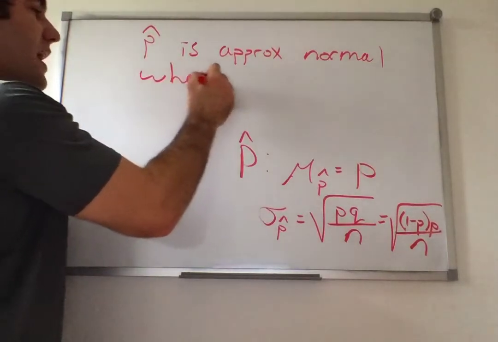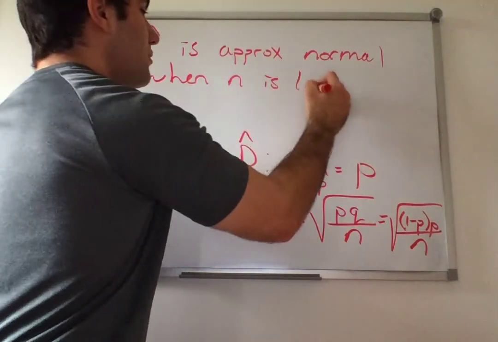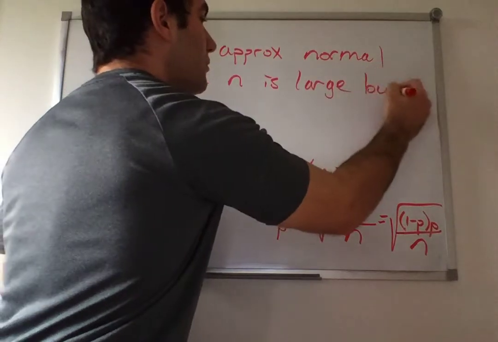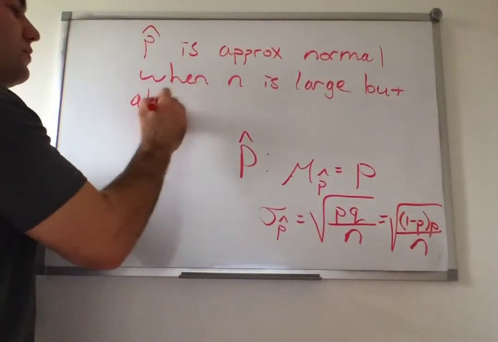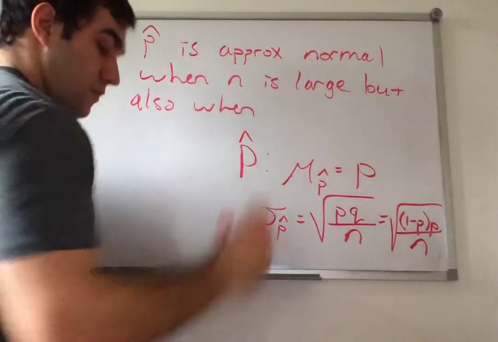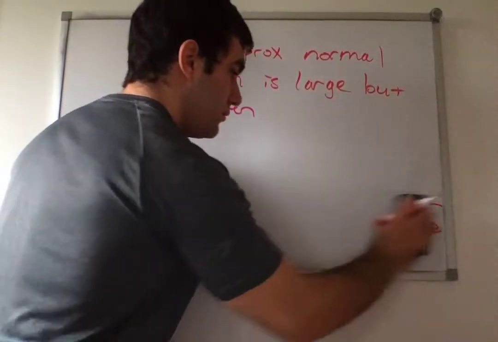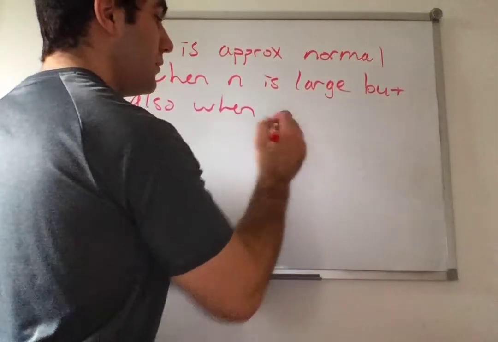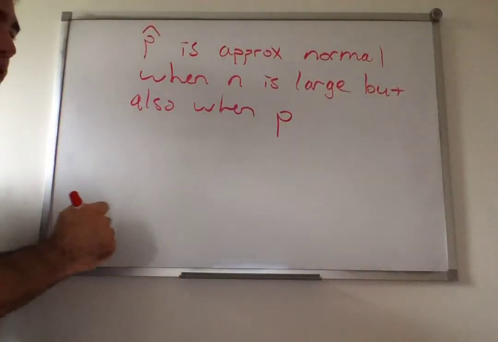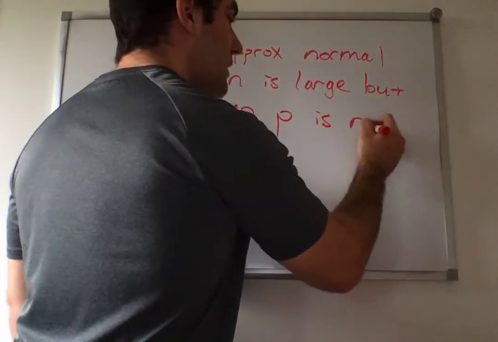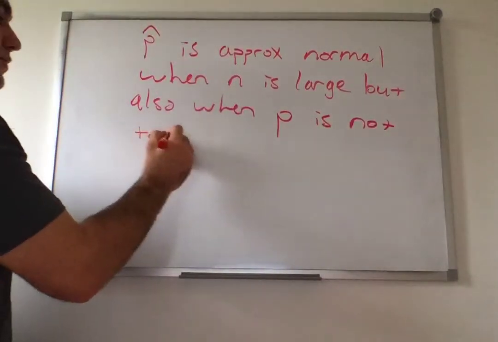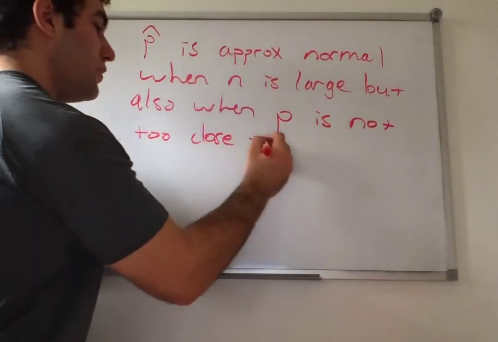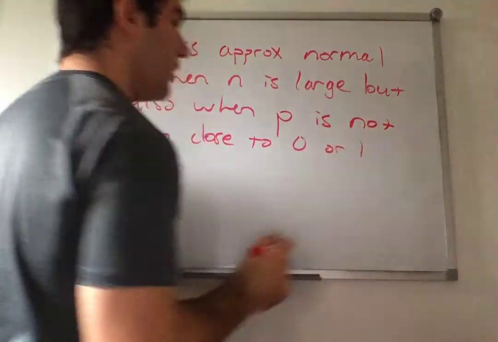Now, we also have to have n be large, but also the population proportion p is not too close to 0 or 1.